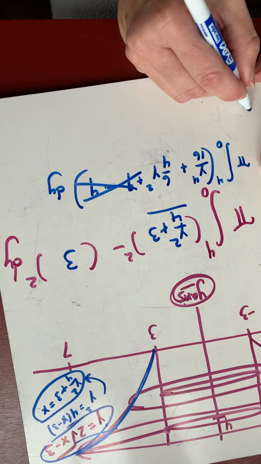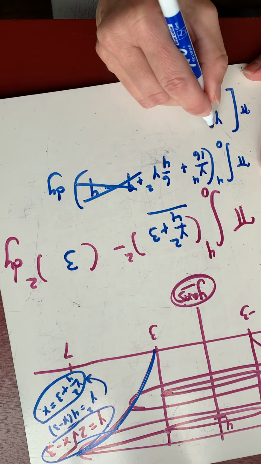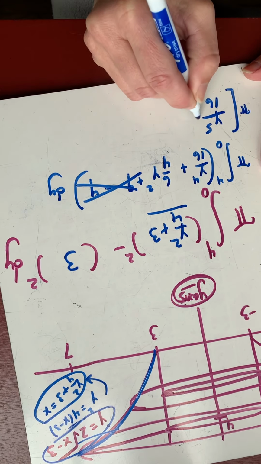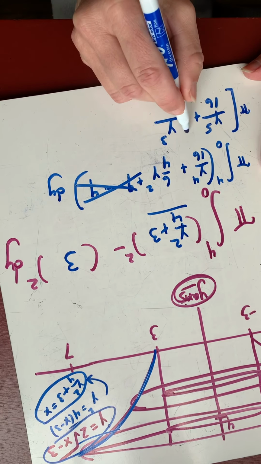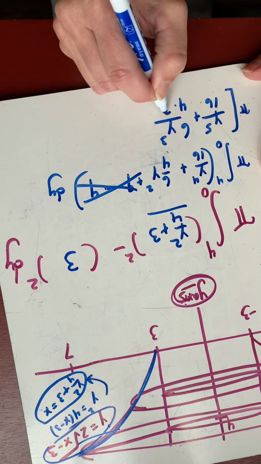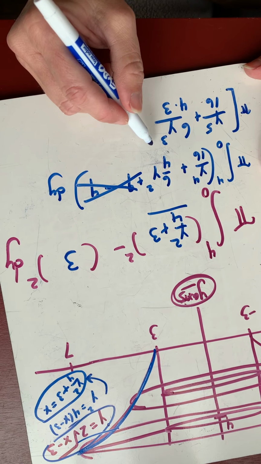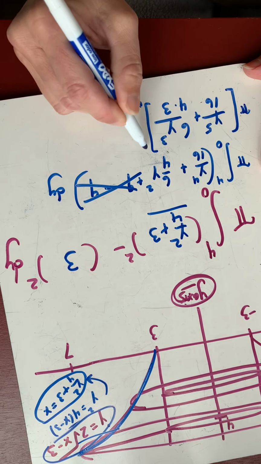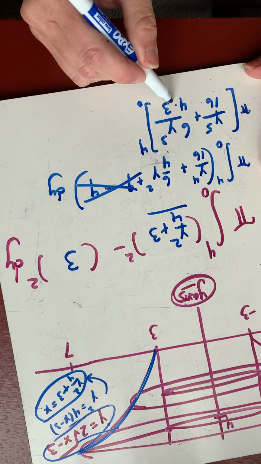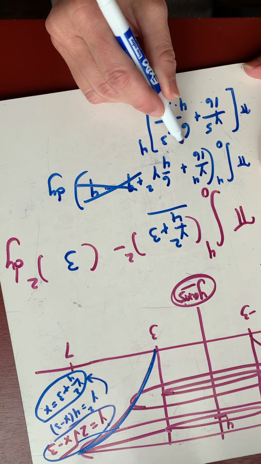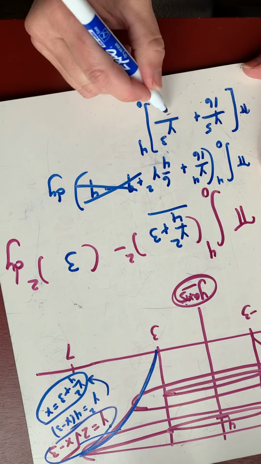So I'm going to have pi times, this is going to become y to the 5th over 16 plus y to the 3rd over 3, from 0 to 4. I'm going to reduce this right now. The 3 and the 6 will cancel, leaving me with 2. The 2 and the 4 will cancel, leaving me with only a 2 in the bottom.